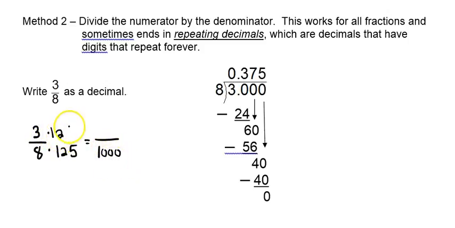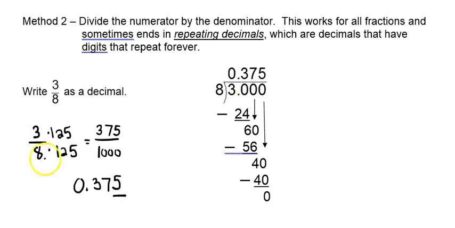And remember, whatever I do to the denominator, I have to do the exact same thing to the numerator. So 3 times 125 is 375. So as a decimal, we would write it as 375 thousandths because that 5 is in the thousandth place value.